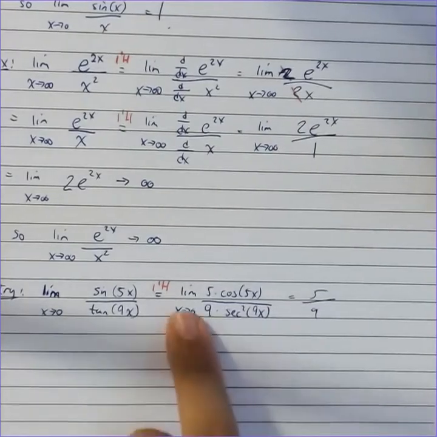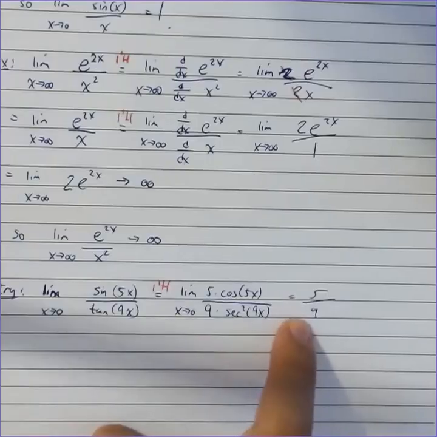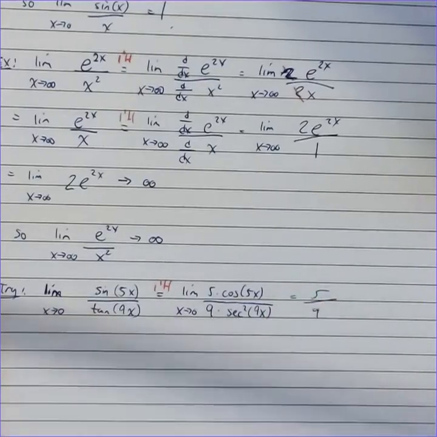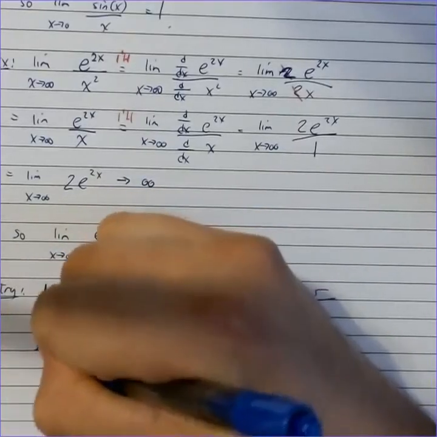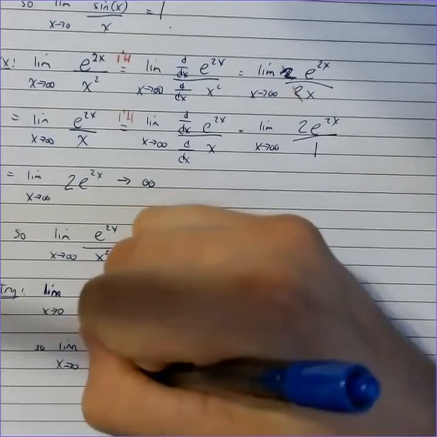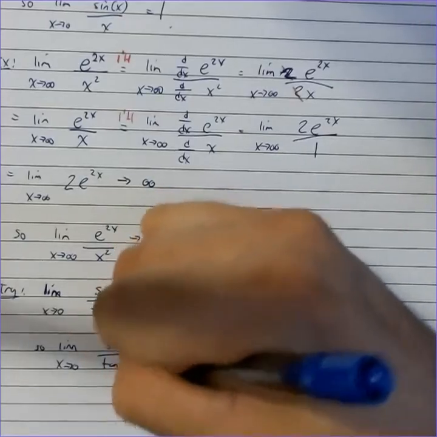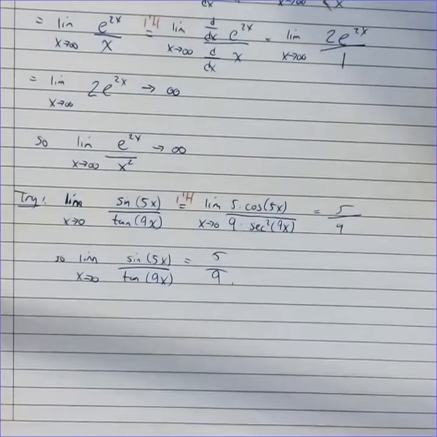So here, this limit is indeterminate, but this limit is just 5 over 9. And so by L'Hopital's rule, these two are equal to each other. So the limit as x approaches 0 of the sine of 5x over the tangent of 9x is equal to 5/9. Just like that.